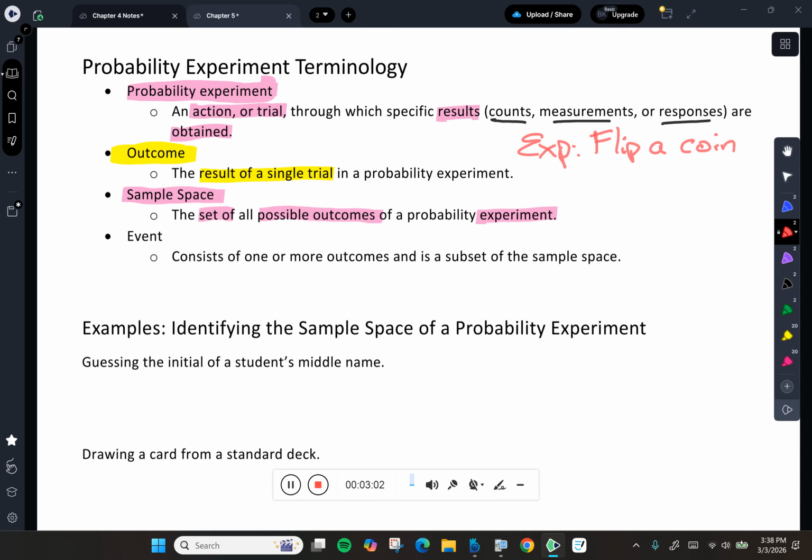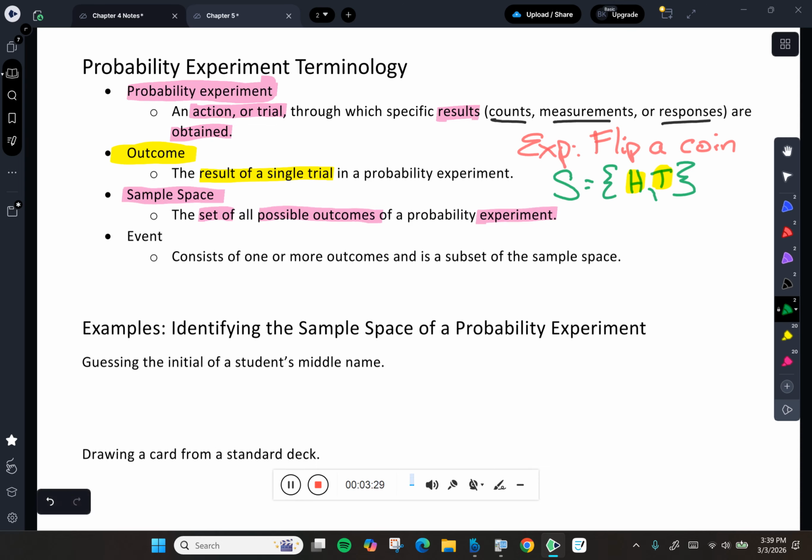Well, an outcome could be coin lands heads, or an outcome could be coin lands tails. And if we take both of those outcomes and put them together in a set, heads, tails, we have now created the sample space for the experiment. Heads is an outcome, tails is an outcome. That set contains all of the possible outcomes, so we call it the sample space.